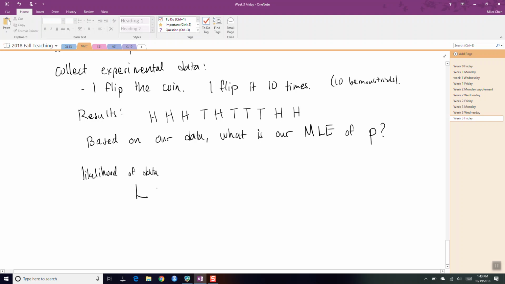If the probability that the coin lands heads is P, what's the likelihood of our data? We would go P times P times P for our first three heads, times 1 minus P, and so on. I'm just multiplying the probabilities of each of my outcomes. This is the likelihood that we would get this result, which simplifies to P to the 6th times 1 minus P to the 4th.